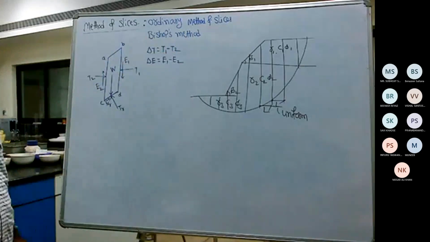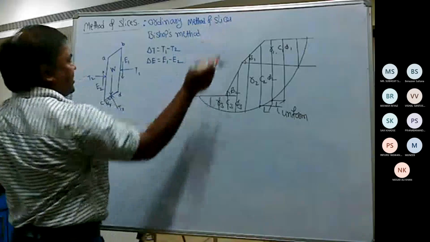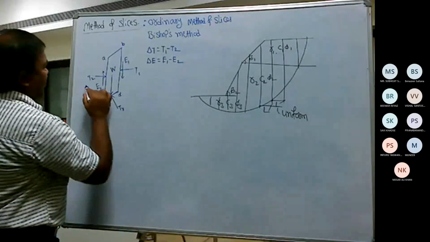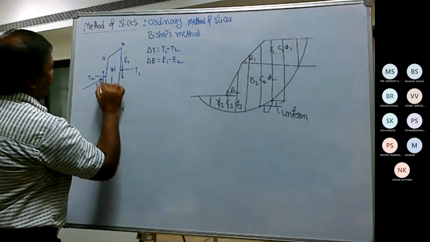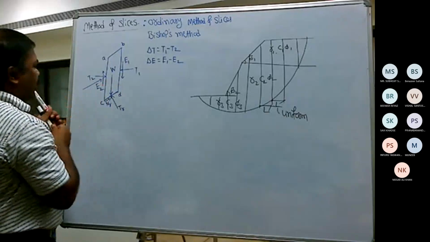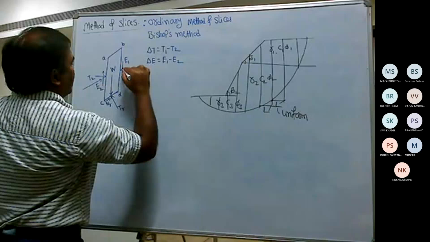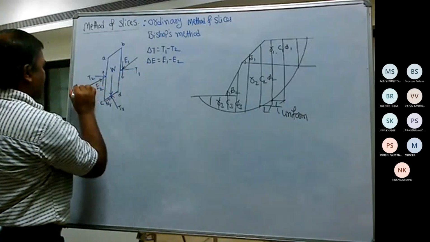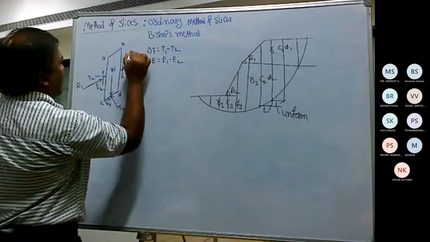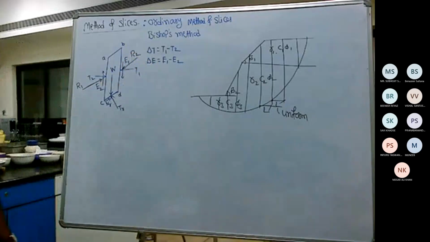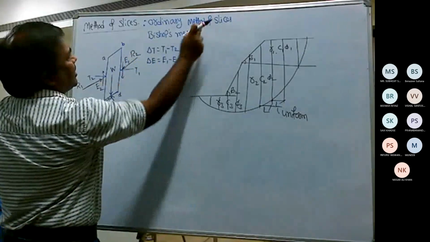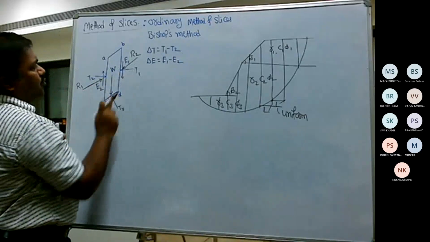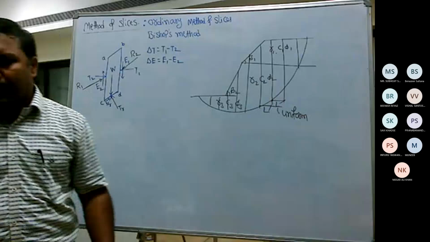Now, in the ordinary method of slices, the fundamental assumption is this: if I take the resultant of E1, E2 and T1, T2, designating them as R1 and R2, then the lines of action of R1 and R2 will coincide.